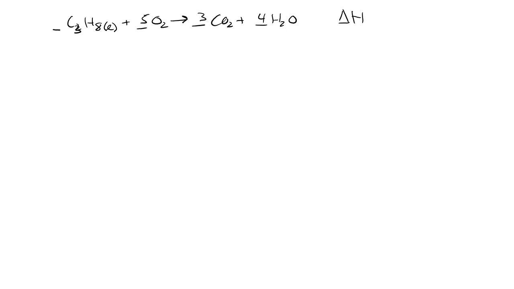What is the delta H of this reaction? You could find the delta H of formations in section 12, or you may be given it. Here, I'm going to give it to you.